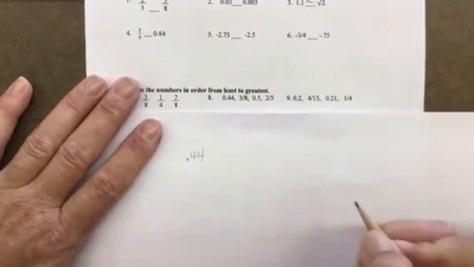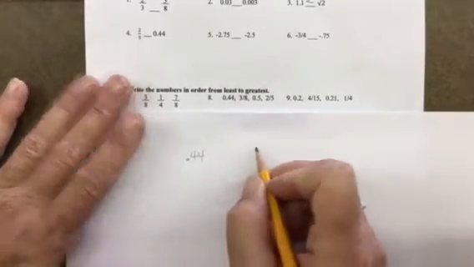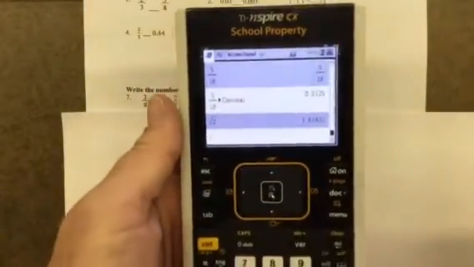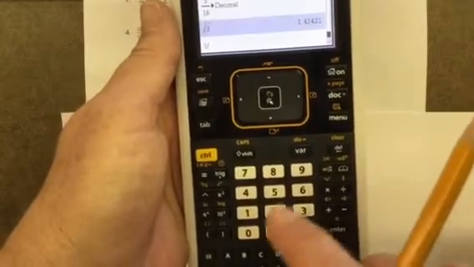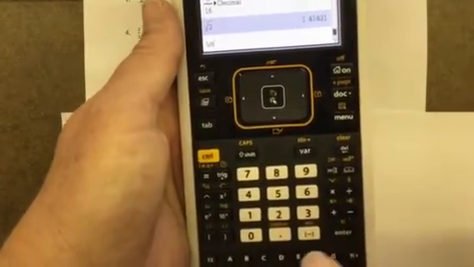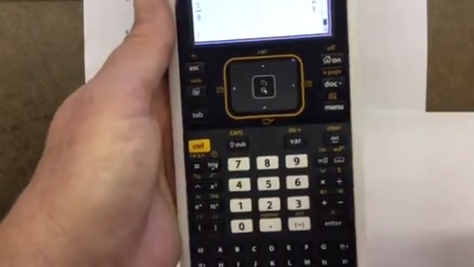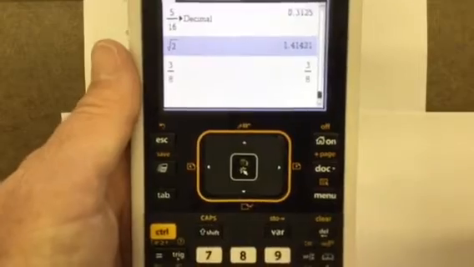This one is already in decimal format. The 3/8, remember that a fraction is actually division. The top number is 3 divided by, so the numerator divided by the denominator. And you press enter. Now if you notice, it just made it look more like a fraction, didn't it?